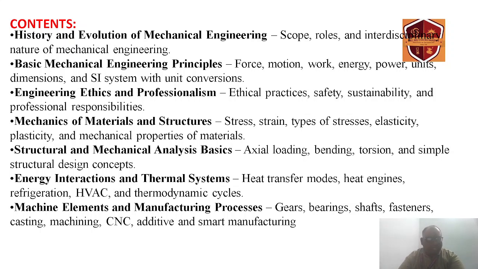Unit 1 covers the history and evolution of mechanical engineering. That is how mechanical engineering has gone, starting from the old age to the current scenario, how it developed step by step. It also tells the scope, roles, and interdisciplinary nature of mechanical engineering, such as force, the basic concepts like motion, work, energy, power, basic standard international units, and also unit conversions.